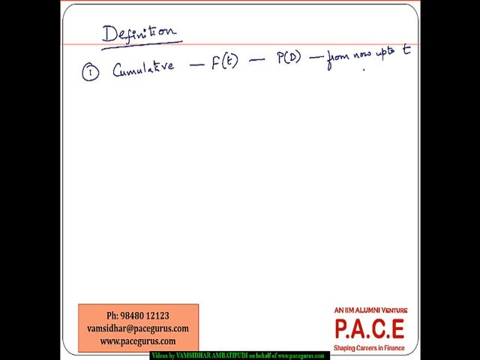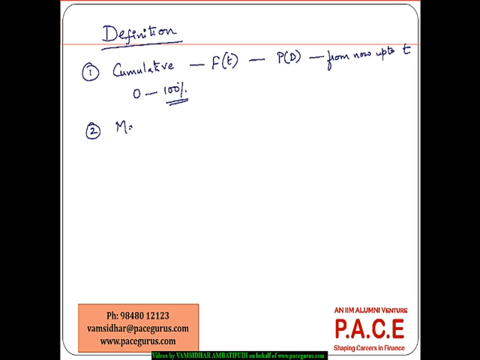So if I really want to find out the probability that a particular default is going to occur from now up to time t, it is what we call the cumulative probability. When I plot the graph for it, it should start from 0 and go up to 100%, because at some point of time t, there should be a default. So the probability of default should be 100% at that particular point in time. So that is how we define the cumulative probability of default.